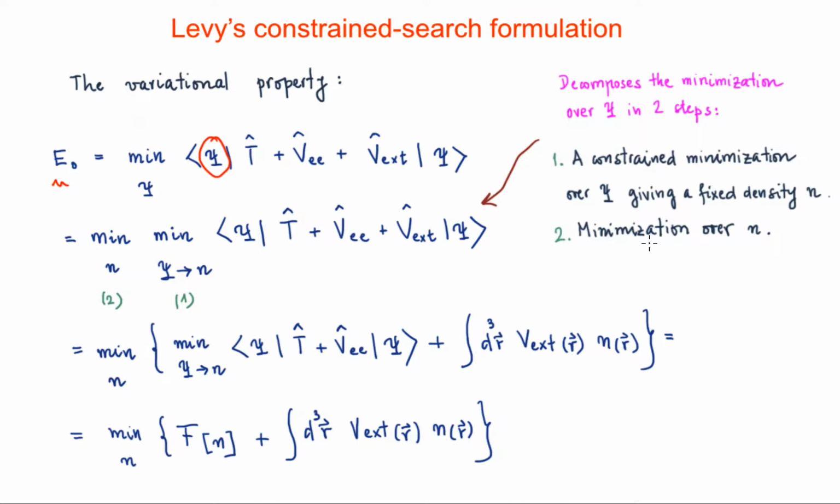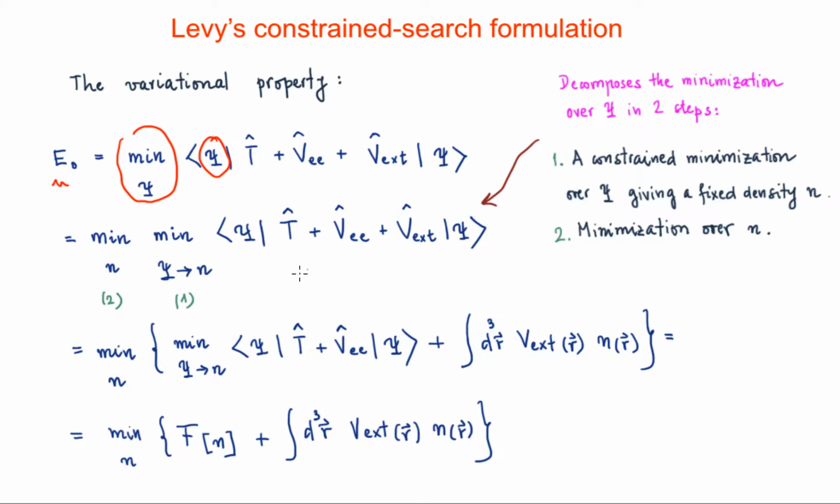We consider different n electronic densities and take the one that minimizes. We therefore separate the minimization over the wave function in two different steps: a constrained minimization for a given density, and then a minimization with respect to the electronic density.